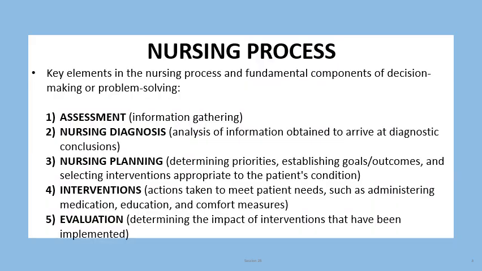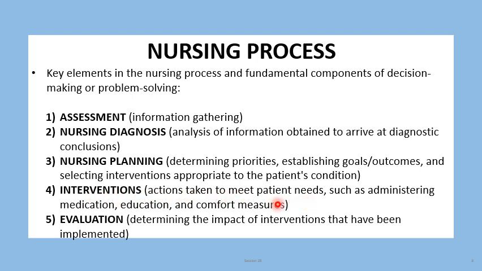Now, the key elements, as you know, we have ADPIE. We have assessment, where we gather information, and then the nursing diagnosis, where we analyze the information and come to a conclusion. Nursing planning is where we determine priorities, goals, outcomes, and select the interventions. Then we do the implementation, the intervention itself.